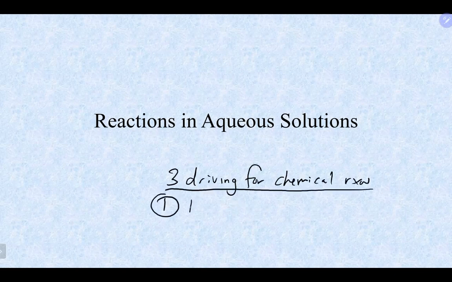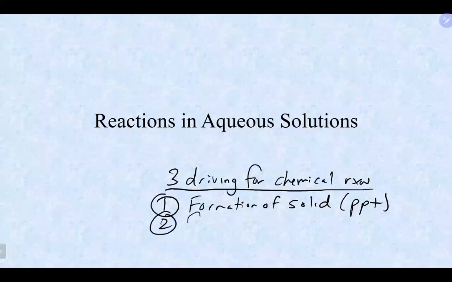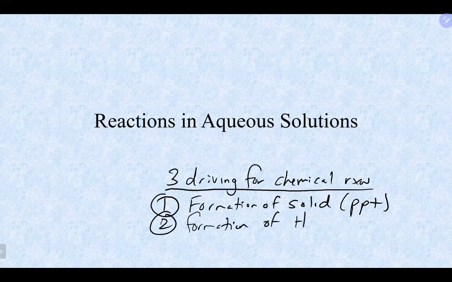The first reason is the formation of a solid, sometimes referred to as a precipitate, which is a PPT abbreviation. The second reason why a reaction took place was the formation of water. And the third reason why a reaction takes place is basically an electron transfer.